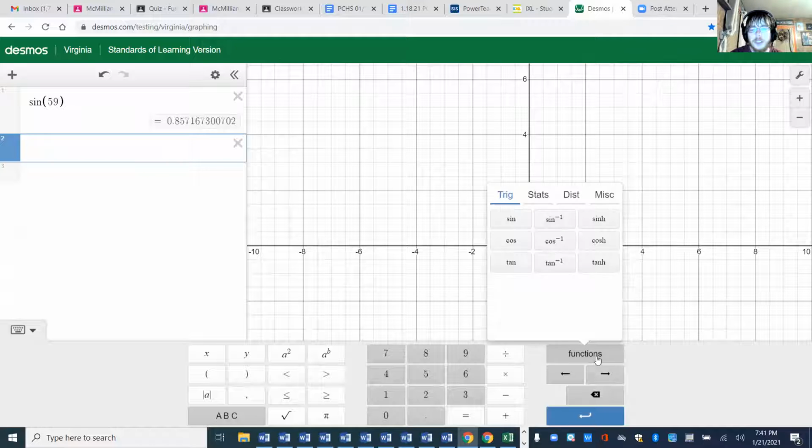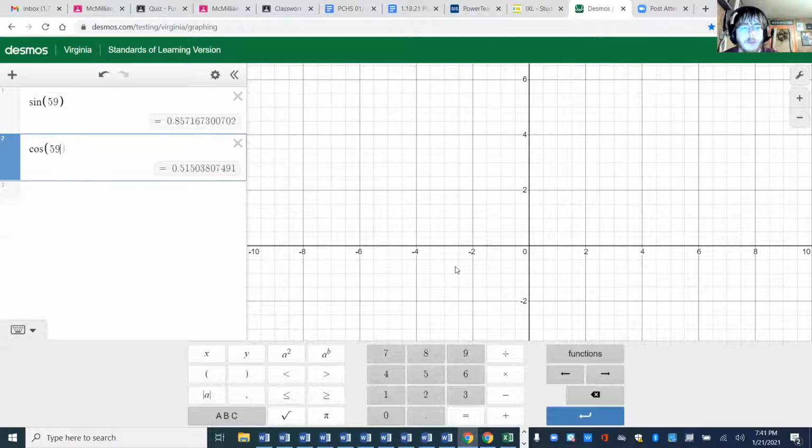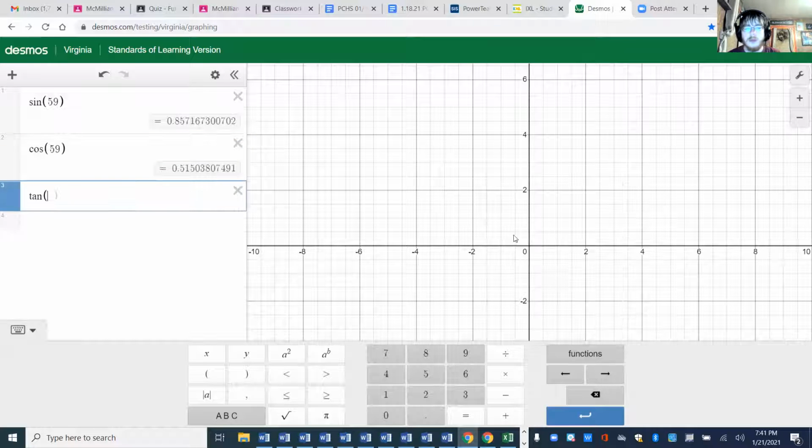Then we do cosine of 59, which is 0.5150. And then we do tangent of 59, which is 1.6643.